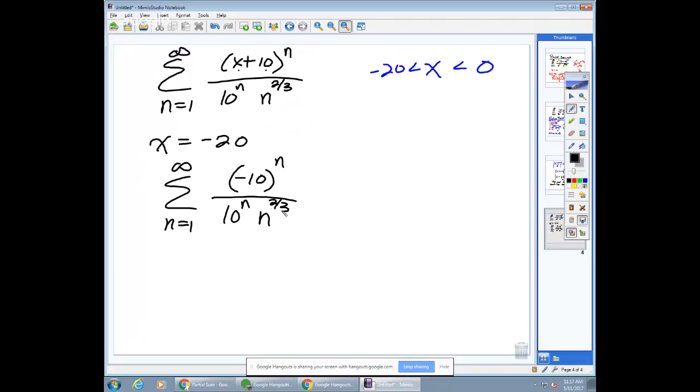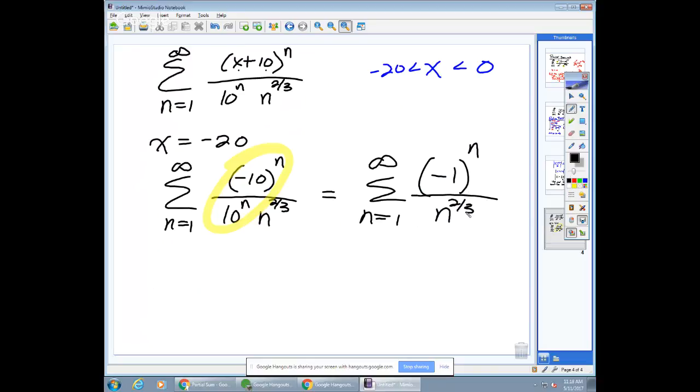Yeah, the -10 to the n over 10 to the n can be cleaned up to be a -1 to the n, right? So I can rewrite this again as the sum as n goes from 1 to infinity of -1 to the n over n to the 2/3. Well, let's see, what do we know about this? Well, we know it's strictly alternating, so I'm thinking alternating series test.